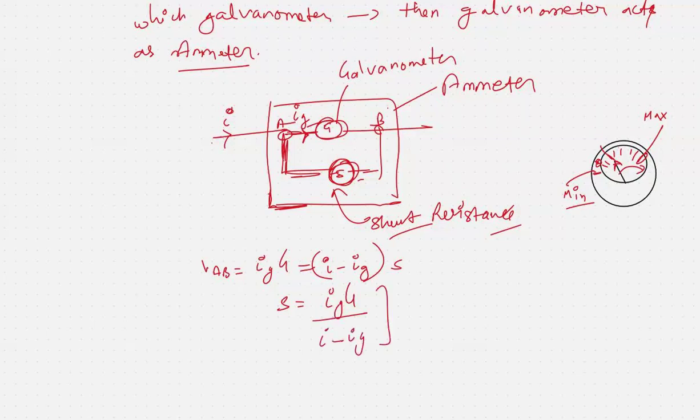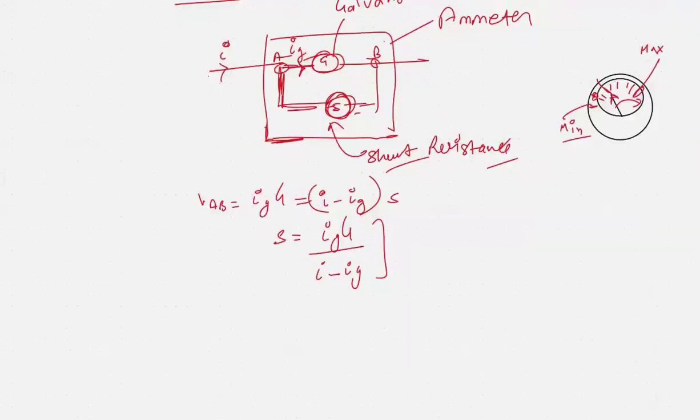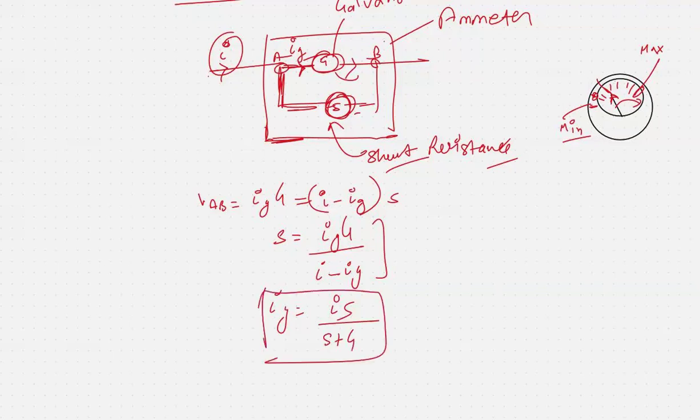You can also calculate IG in a way that you know the total current is this much. What is the current passing through the galvanometer? That will be the total current multiplied by the opposite resistance, S, divided by the sum of both. From where do we get this equation? We have already seen it from the current divider rule. What is the current divider rule?